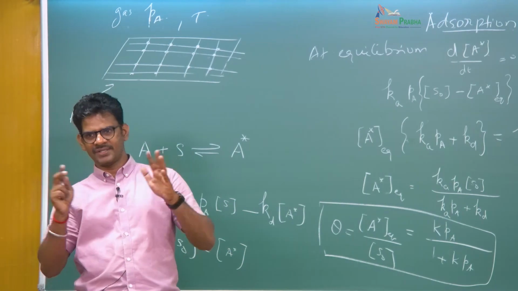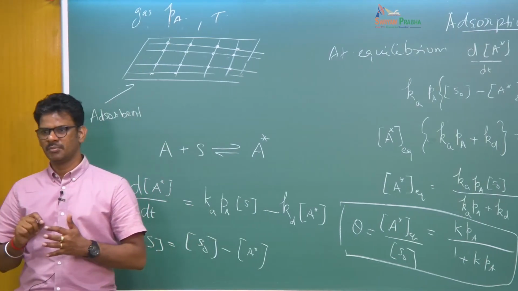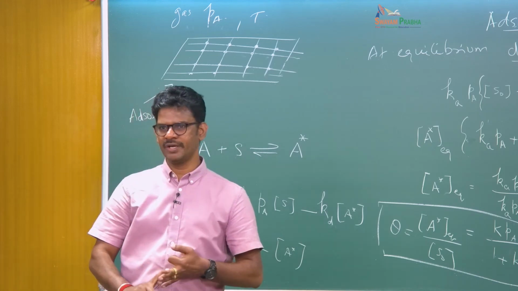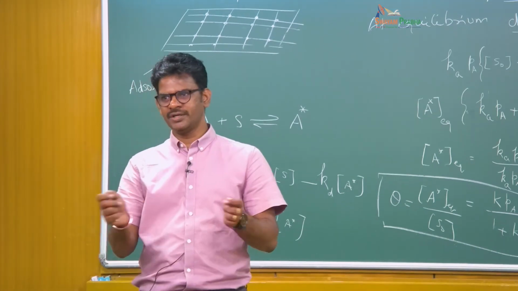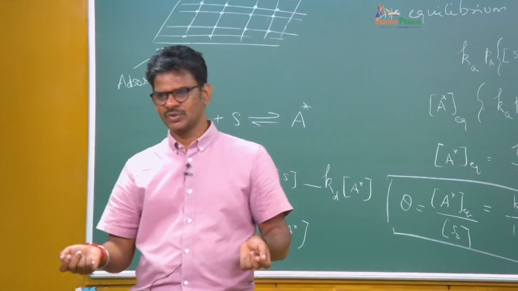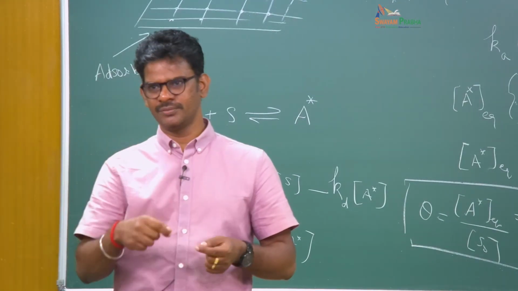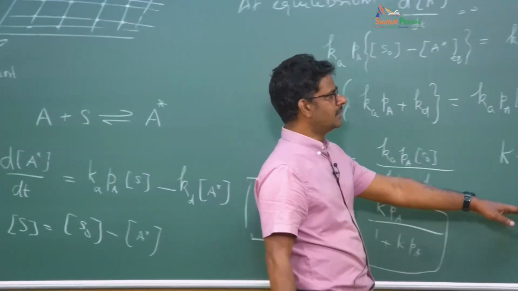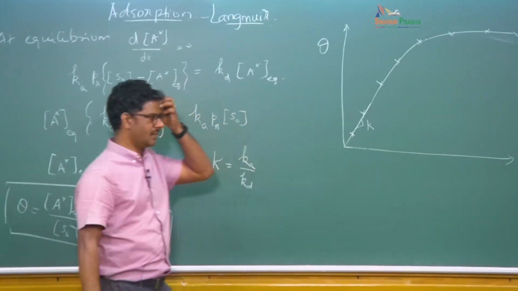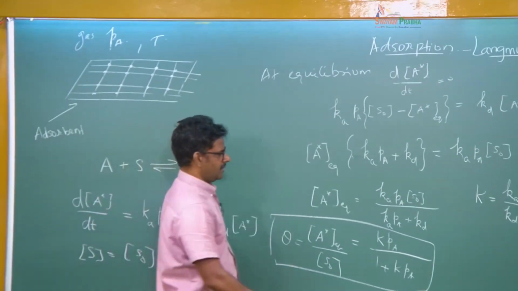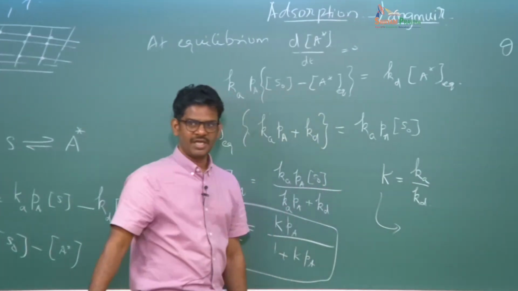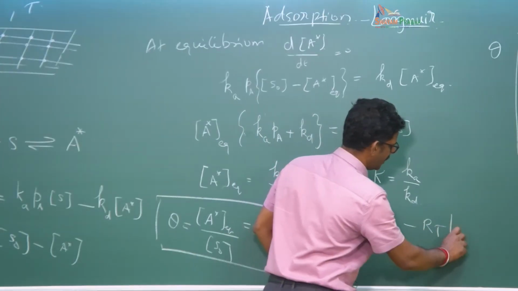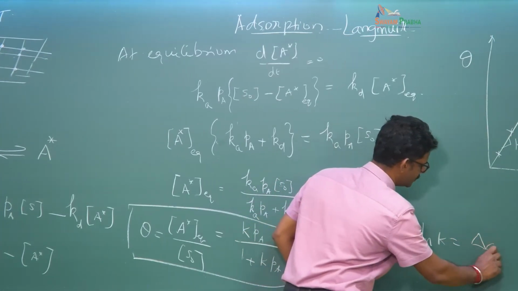But Langmuir adsorption, on the other hand, has a very simple model: the sites are equivalent, one molecule per site, only monolayer is possible, and so on. And no interaction between the molecules that are adsorbed, so it doesn't affect the free incoming molecule to the site. So under those assumptions, you will see this kind of behavior. And this K here, as I said, can be obtained from equilibrium thermodynamics. You say minus RT ln K is equal to delta G adsorption.